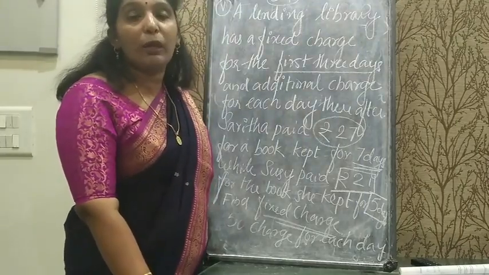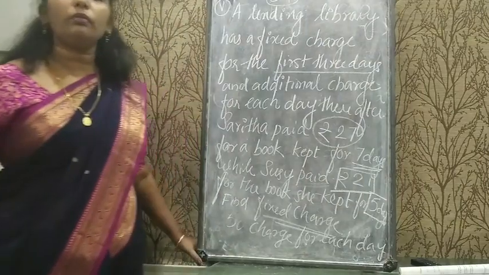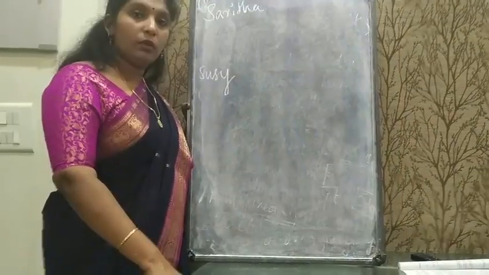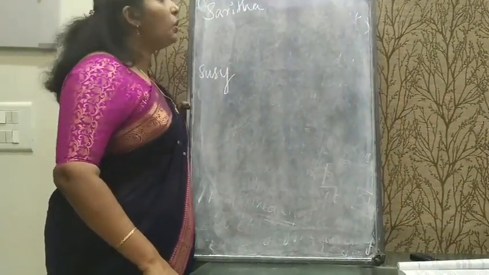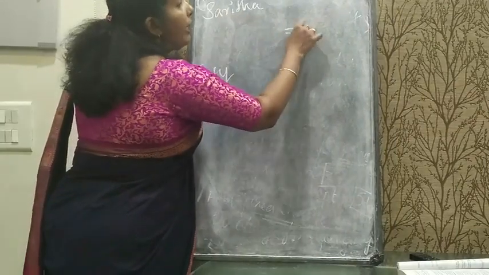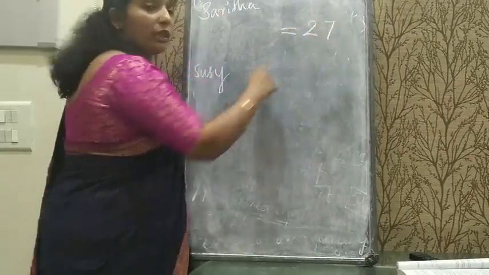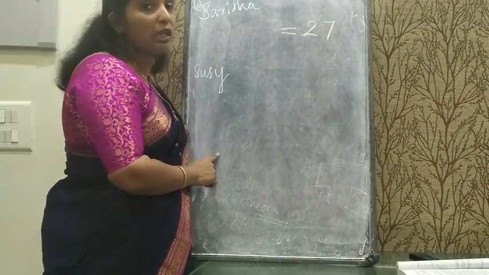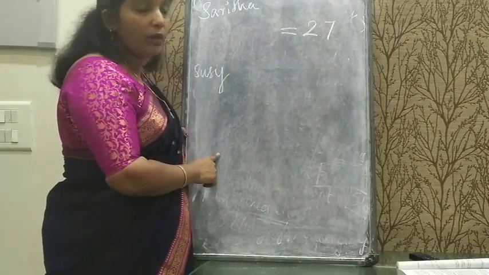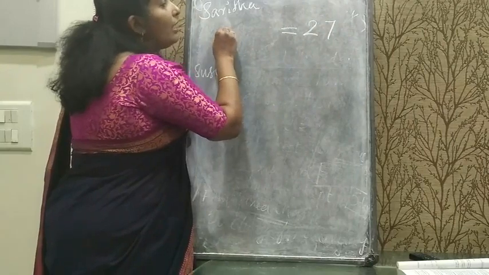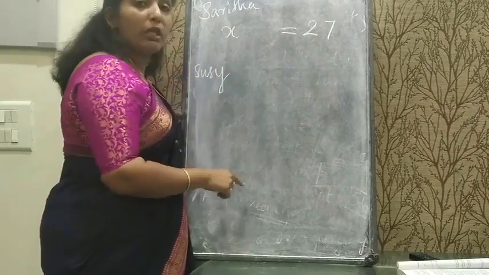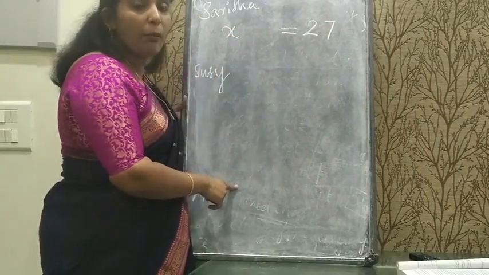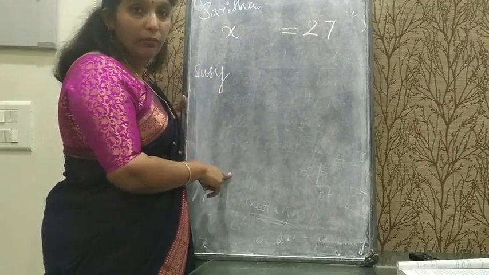Now see how to frame the equation. Here we know that Sarita paid a total of 27 rupees, and she kept the book for 7 days. For the first 3 days she pays x rupees, because we assumed the fixed rate as x.